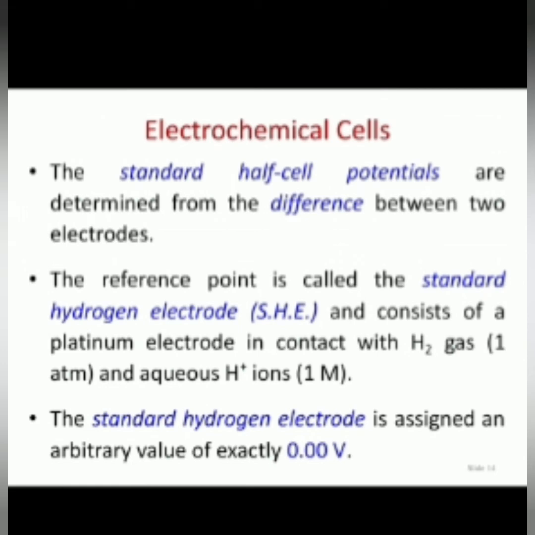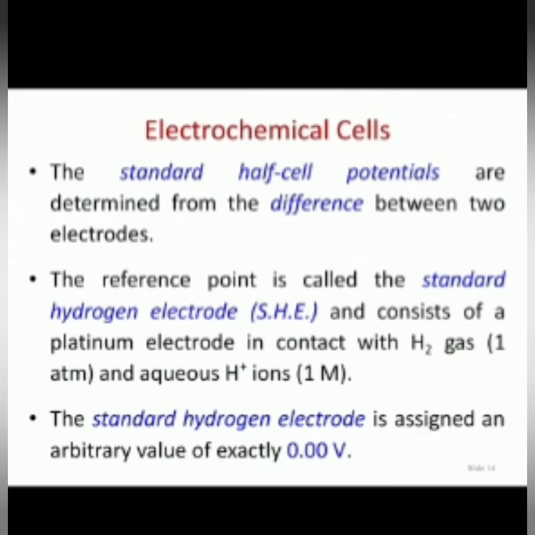And the cell potential? The potential difference between two half cells is called cell potential.